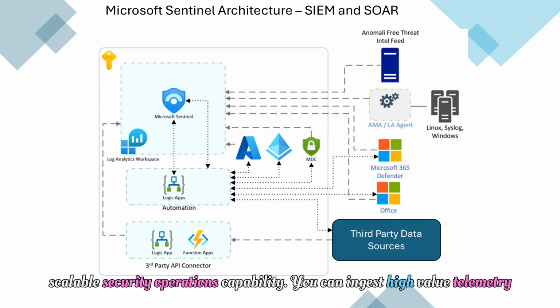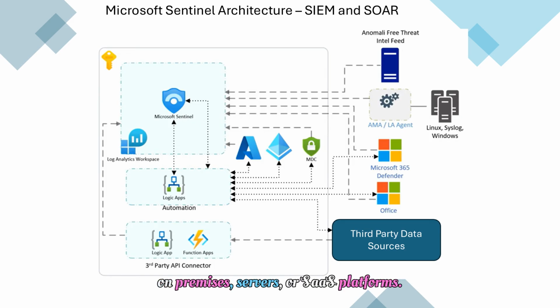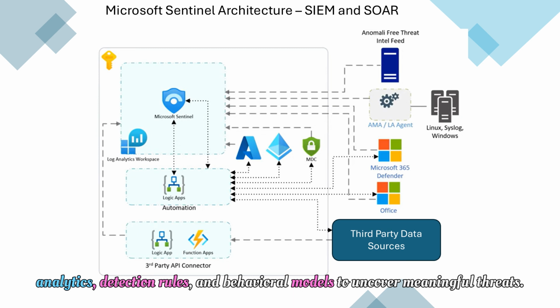This diagram highlights how Microsoft Sentinel empowers you to build a modern, scalable security operations capability. You can ingest high-value telemetry from across your environment, whether it's cloud infrastructure, on-premises servers, or SaaS platforms. From there, you're able to correlate that data across sources using advanced analytics, detection rules, and behavioral models to uncover meaningful threats.